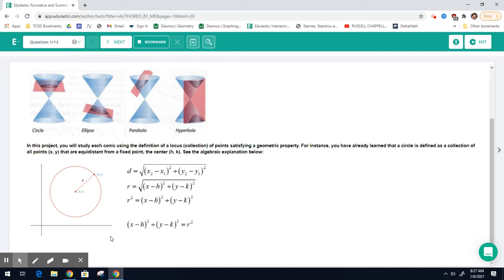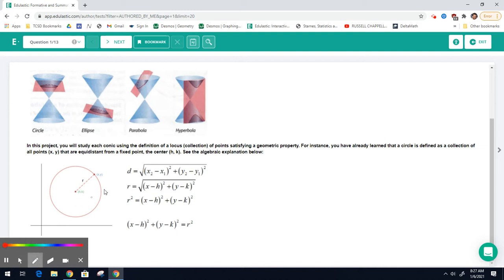So by definition, a circle is the collection of all points x, y that are equidistant from a fixed point, the center. And that distance is called the radius, r. So we can use the distance formula to find the equation of a circle.